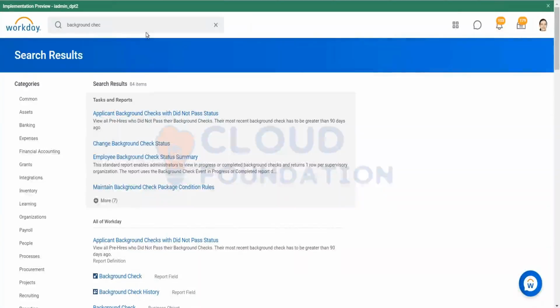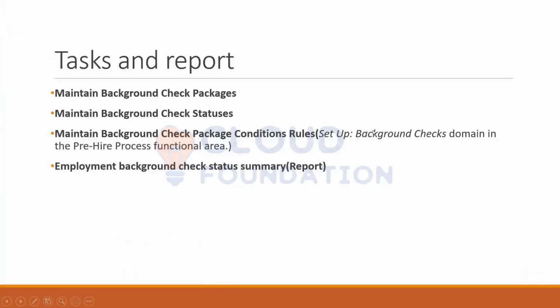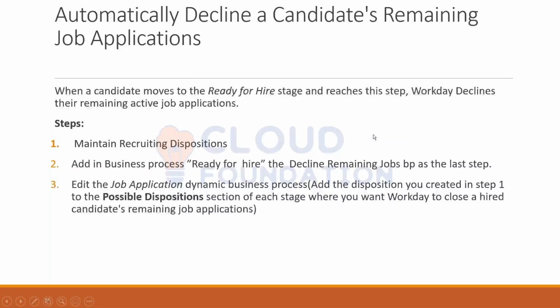Now there are certain features which Workday provides, like automatically decline a candidate's remaining job applications. So what happened? Let's suppose for one organization, a candidate has applied to various positions.